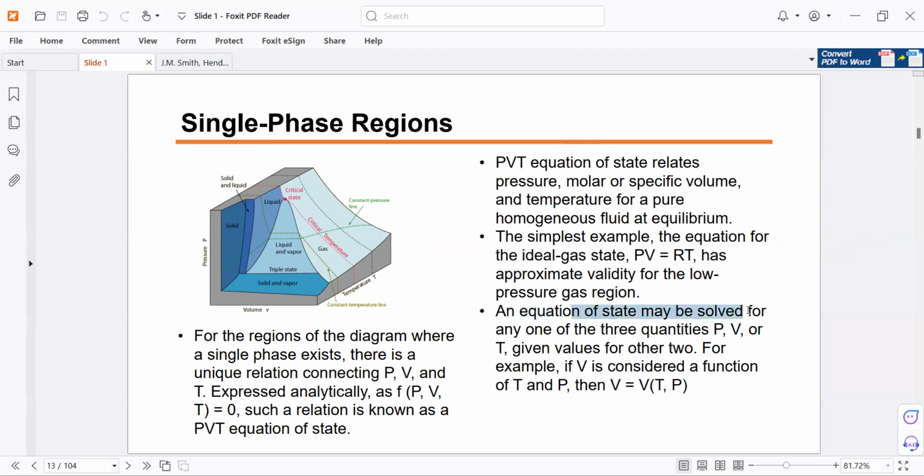An equation of state may be solved for any one of the three quantities given the values of the other two. If we have the volume and the temperature, we can solve for P. If we have P and V, we can solve for T, and so on.